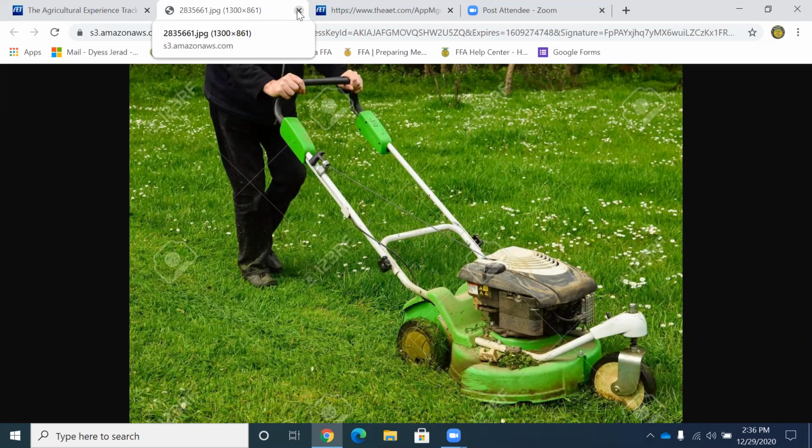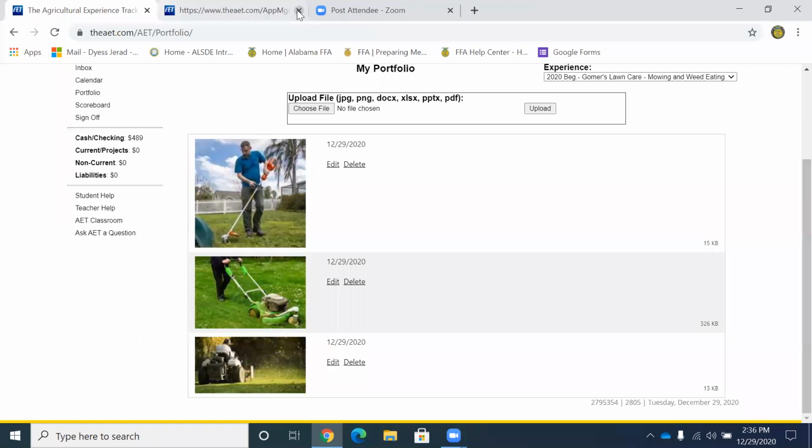And maybe the caption in the picture was talking about, well, I was able to buy this lawnmower to begin my SAE through a grant from National FFA. Well, you're talking about the SAE, you're not talking about the lawnmower. So make sure that your picture tells the story of what that SAE is.